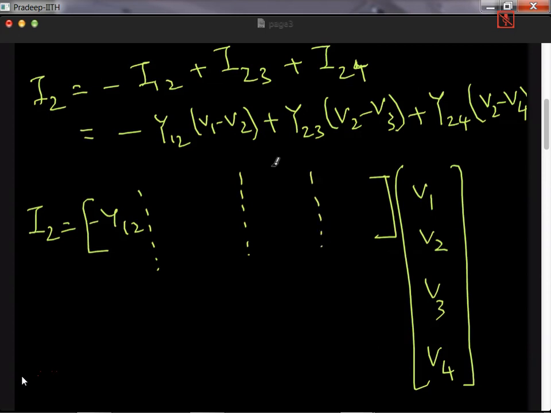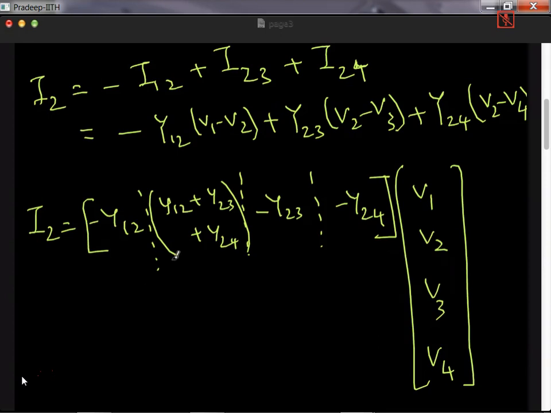What are the coefficients of V3? Minus Y23. What is the coefficient of V4? Minus Y24. And finally, what is the coefficient of V2? Here minus into minus will become plus. So I have plus Y12 plus Y23 plus Y24, like this. So this whole element is the second element of this row.